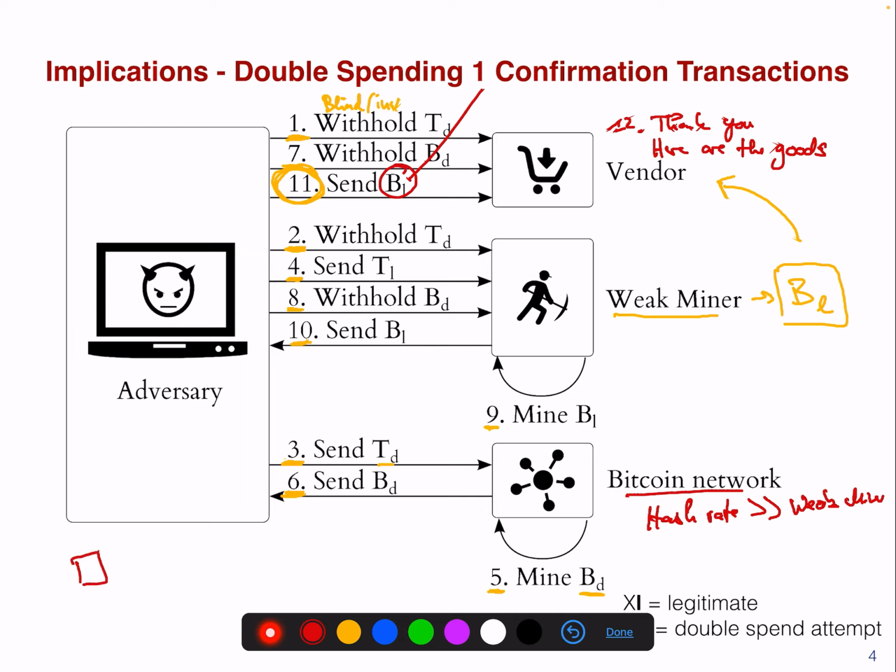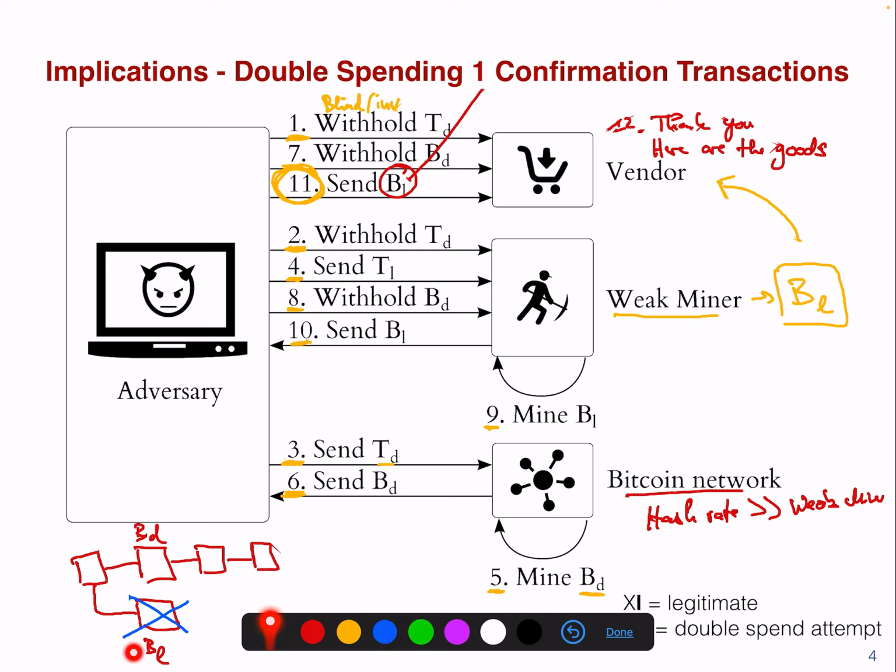So if you look at this in terms of block length, what we actually did here is we created a fork. So this is the block D, and this is the block L. And then it's likely, because the Bitcoin network here is faster, that this will basically be deprecated, because the Bitcoin network has a higher hashing power.